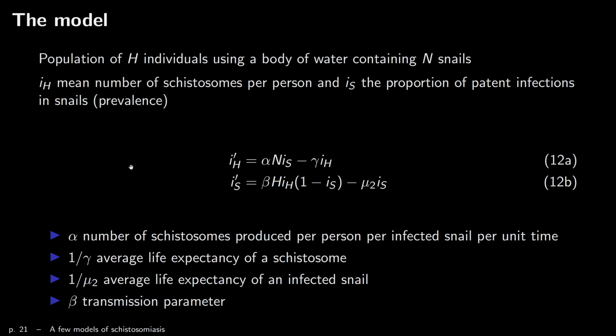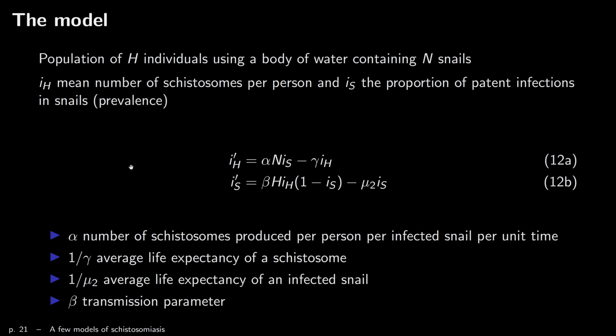So IH is the mean number of schistosomes per person, and lowercase i is the proportion of patent infections in snails. So this is the prevalence. By patent infection, he means snails that are actually infectious.